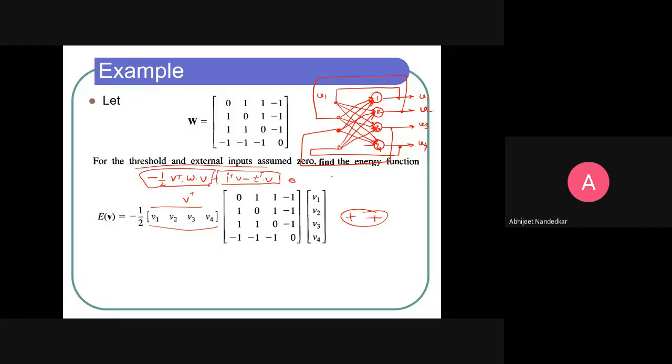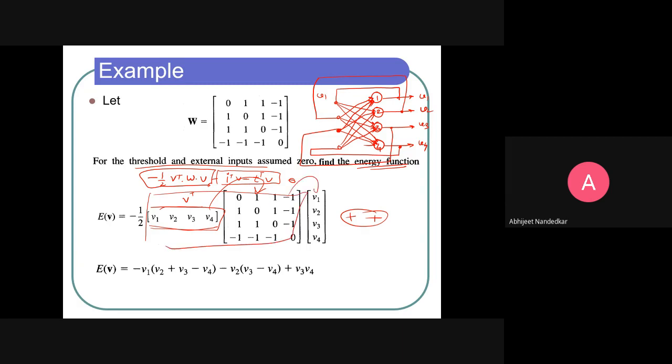What is asked of us is to find the energy function. So you take this vector, you multiply inside, and then whatever you obtain, you multiply with this vector. You should get this final outcome as the energy function. So if somebody asks you what is the energy function, then this is your energy function.